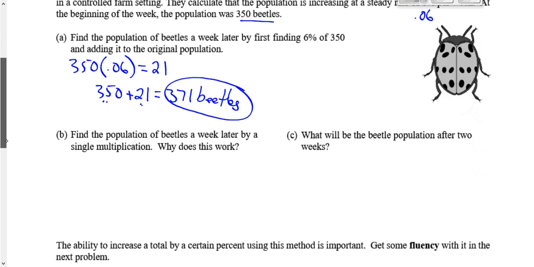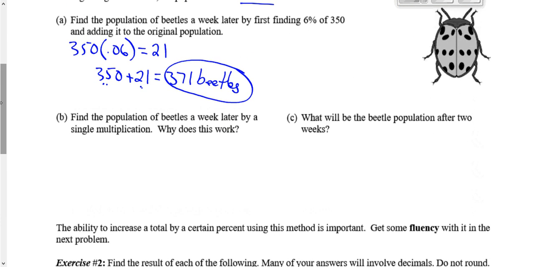So in part B, watch this little shortcut. And actually this shortcut you learn has massive uses in finance and other things. Find the population of beetles a week later by a single multiplication.